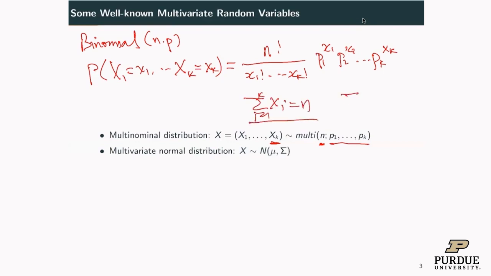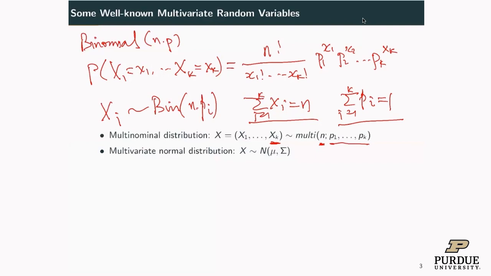The sum of the success probabilities pi from i equals 1 to k should equal 1. This is the PMF for the multinomial distribution. You can integrate out the other variables. For the marginal distribution, each Xi is a binomial distribution with n and pi. These are the properties of the multinomial distribution.